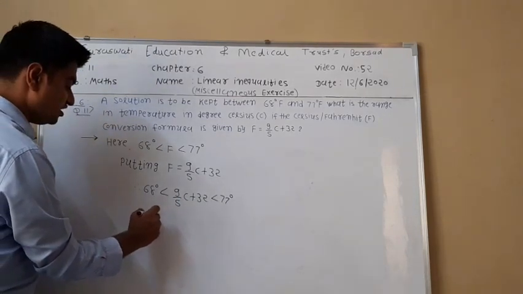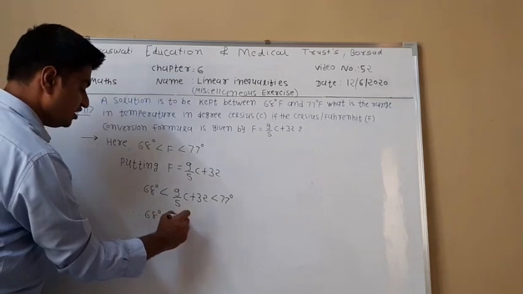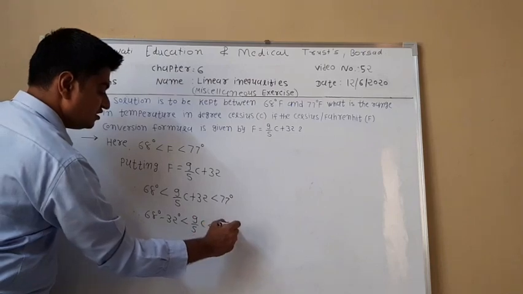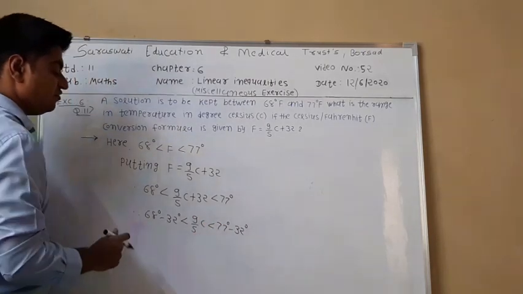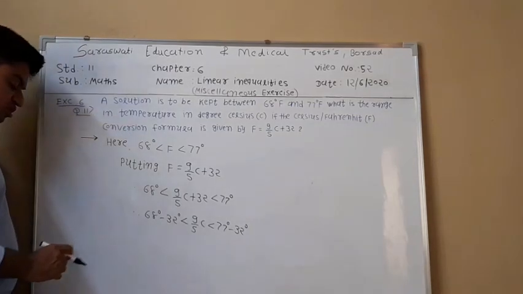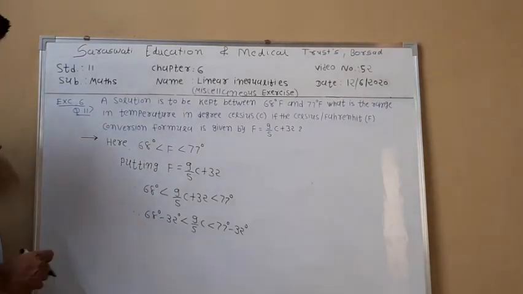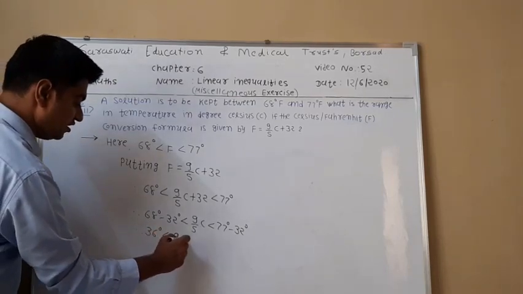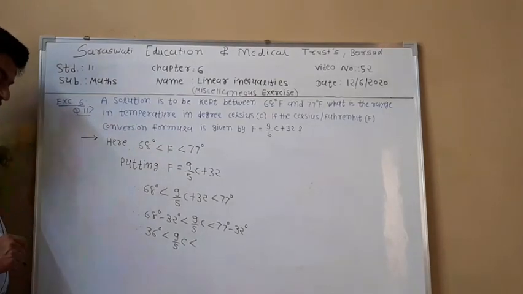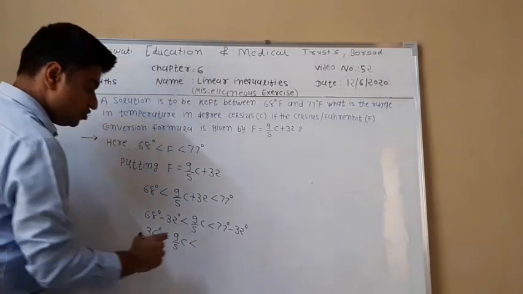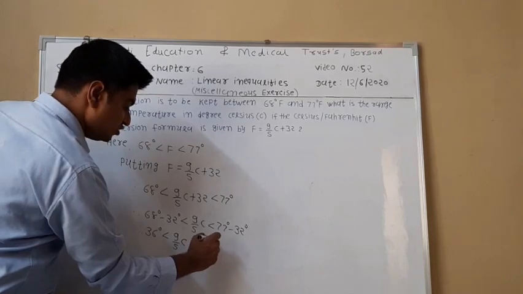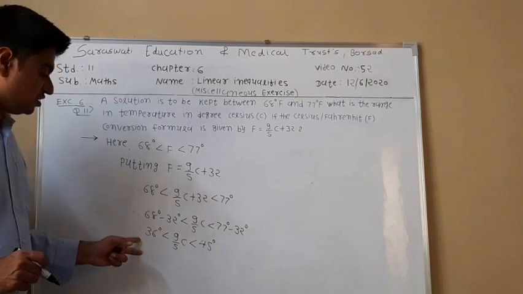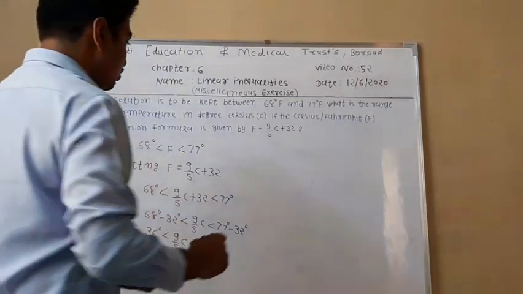Therefore 68 - 32 < 9/5 C < 77 - 32. 68 - 32 is 36, so 36 < 9/5 C < 77 - 32, which is 45. Now to remove this 9/5, multiply by 5 over 9 on both sides.